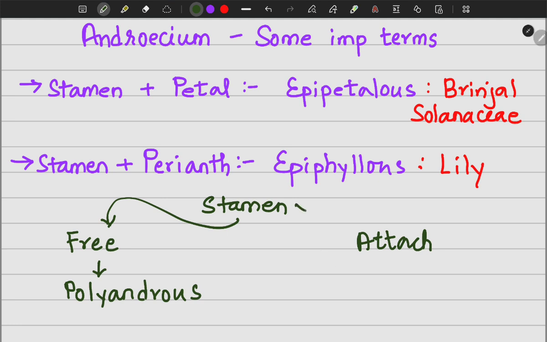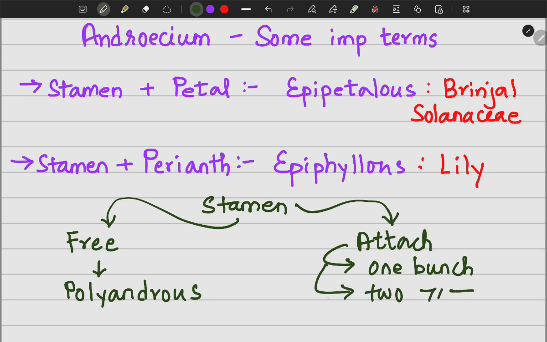And when they are attached, they can be attached to varying degrees, like they can be attached into one bundle or one bunch, or there can be two bundles or bunch, or there can be more than two bundles. So let us learn about these conditions.